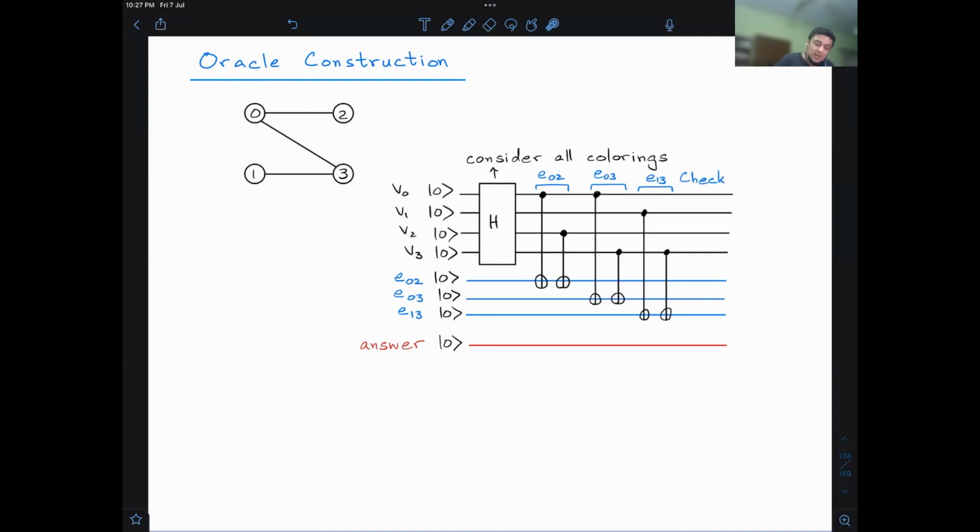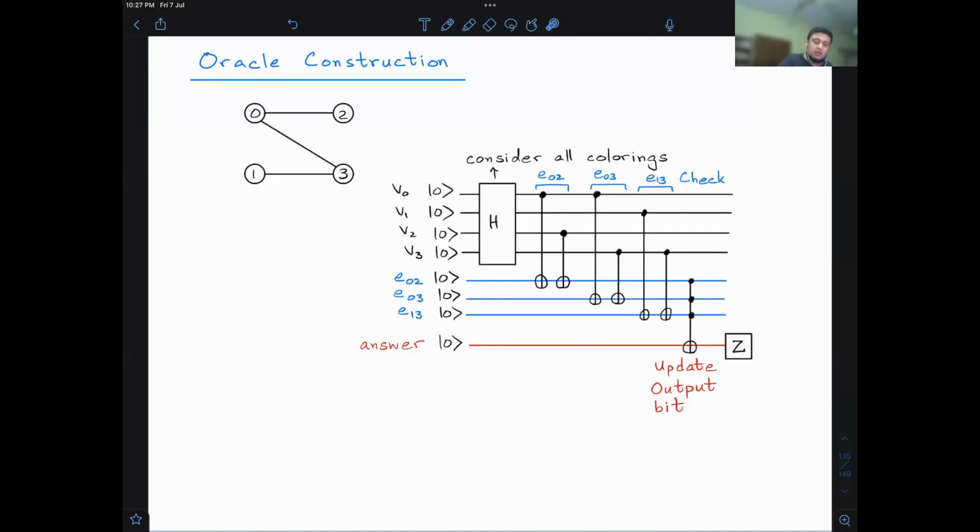All right. Now, for the case of bipartite graphs, we already mentioned the insight: all the edges will contribute to the cut. So that means this qubit should be 1, this qubit should be 1, this qubit should be 1. I want to check that. So my answer qubit is initialized to 0. My first edge check, second edge check, third edge check, control on all three of them.